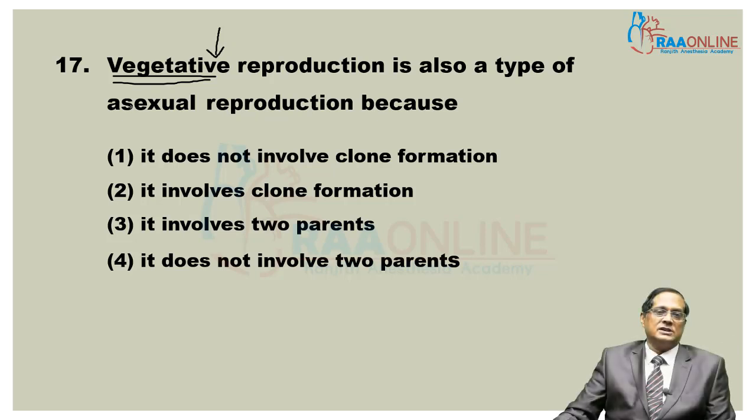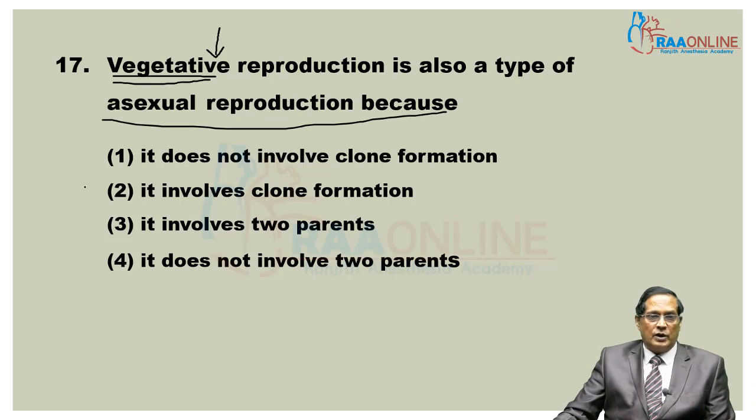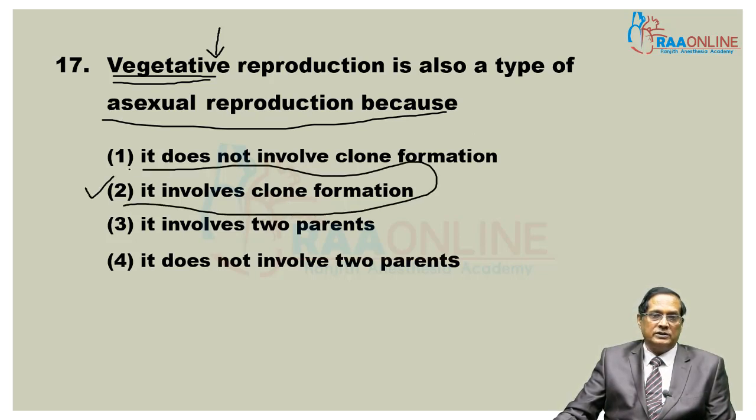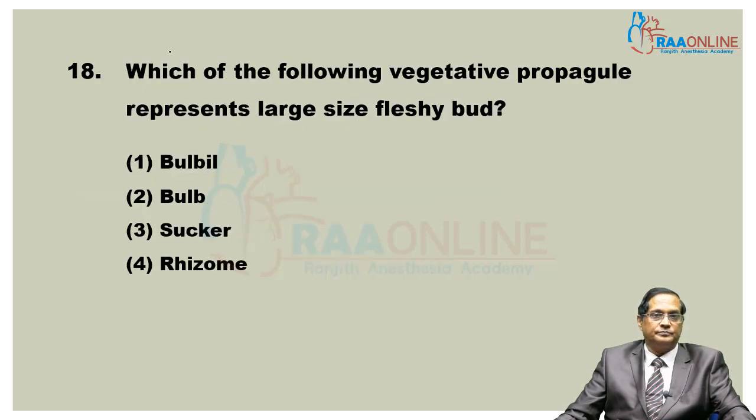That's why this process is kept under asexual reproduction. So the final answer: it involves clone formation. This is right. The progeny is identical, just like asexual reproduction, with no involvement of two parents. So the better answer is the second one.